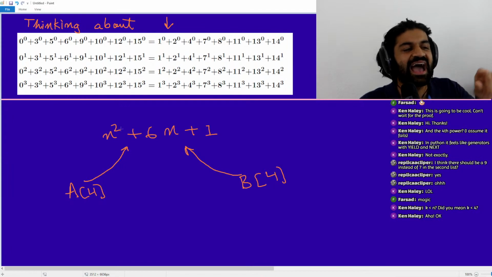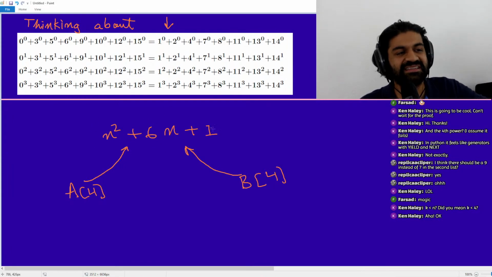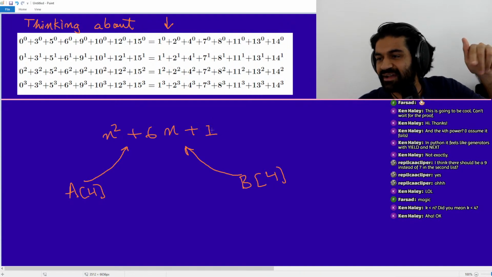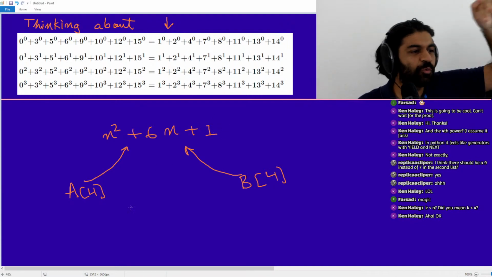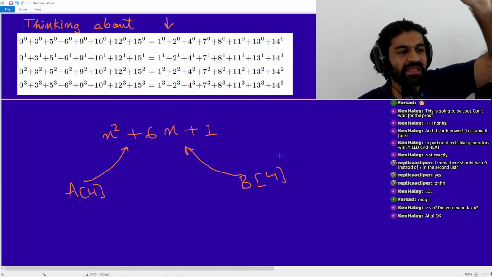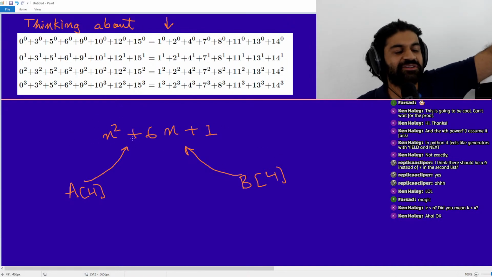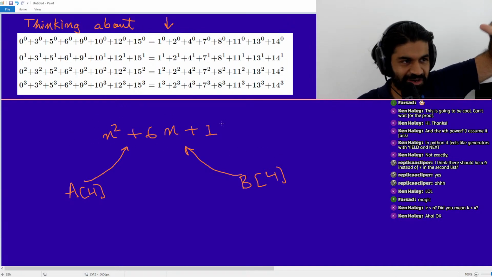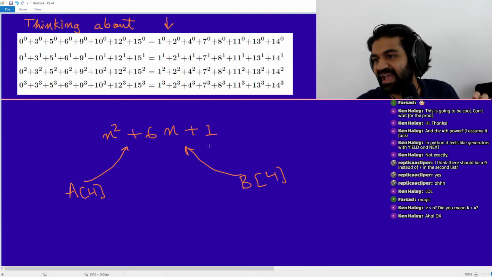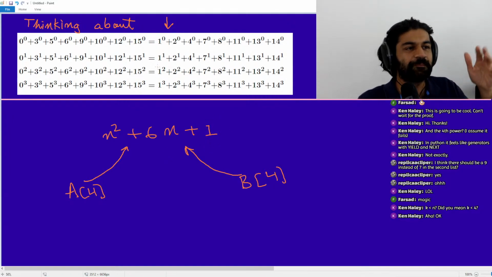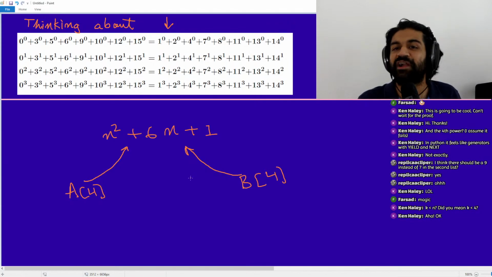That would be just adding up all the squares, adding up 6 times all of the numbers, and then adding 1 8 times, right? Plugging in B4 would be the same as adding all the squares, adding 6 times all of the terms, plus adding 1 8 times, right?